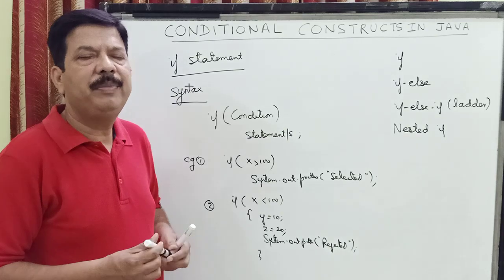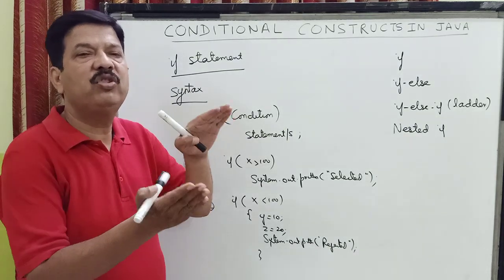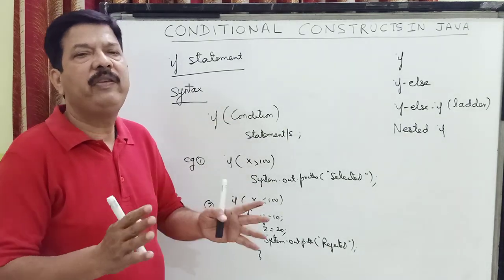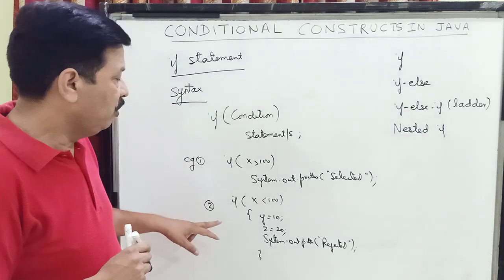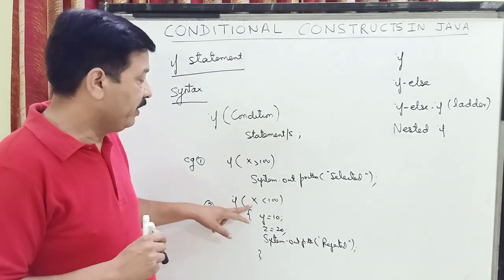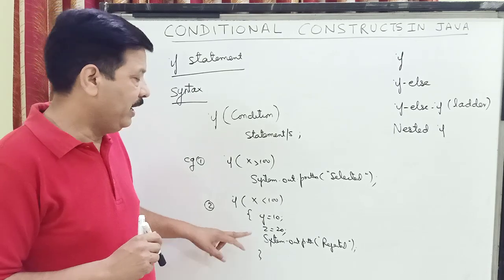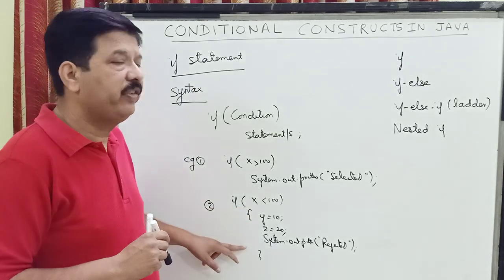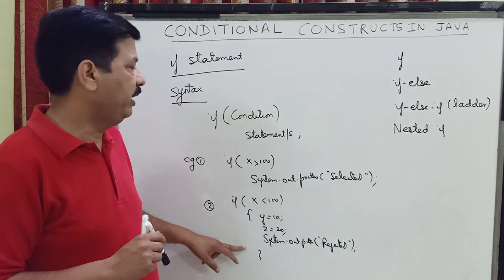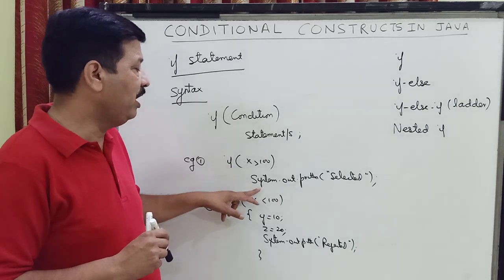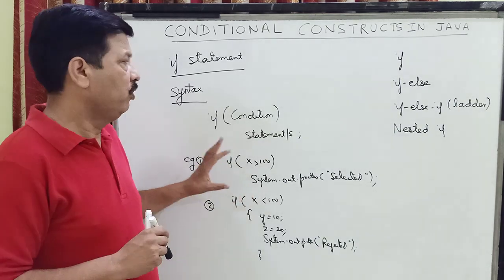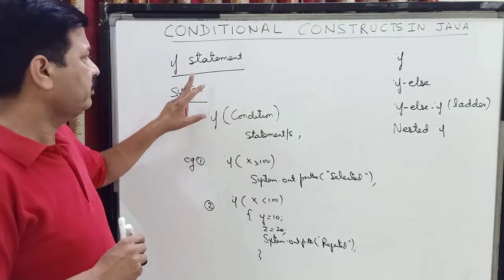So compound statements are a group of statements enclosed in a pair of braces and executed as one statement. Here, if this condition is true, all these three statements get executed, and if this condition is false, all these three statements will not get executed. Here, if this condition is true, only one statement gets executed. I hope you have followed this.